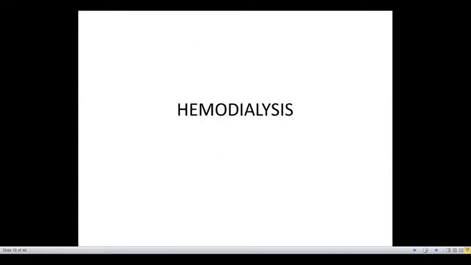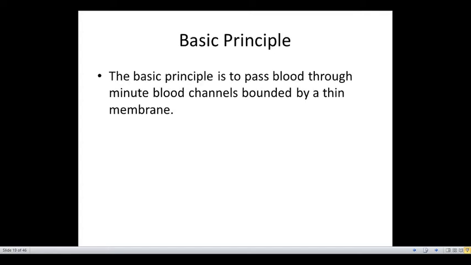The other type of dialysis is hemodialysis, which is safer than peritoneal dialysis. The basic principle is to pass blood through minute blood channels bounded by a thin membrane.